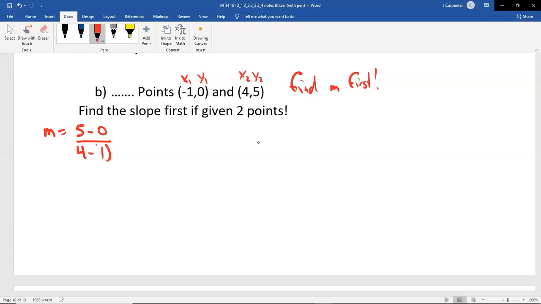So make sure you're watching your double negatives. It's really 4 minus negative 1, which is 5 over 4 plus 1, which is 5 over 5, which is 1.